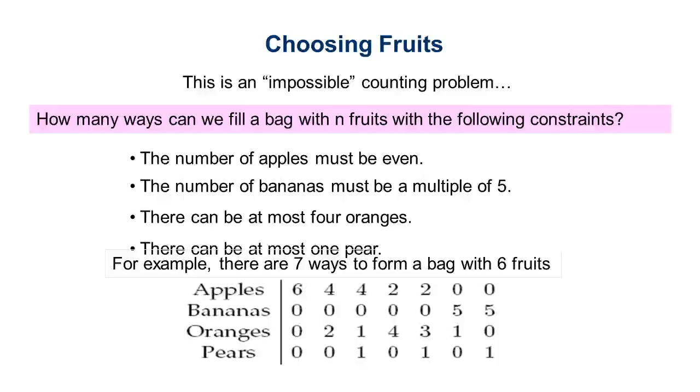Since the bag is filled, we select all 6 fruits, so the others are 0: bananas, oranges, pears, etc. Now if we choose 4 apples, then we can have only oranges.